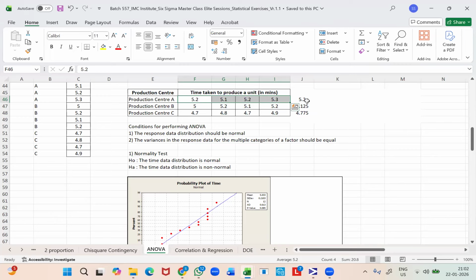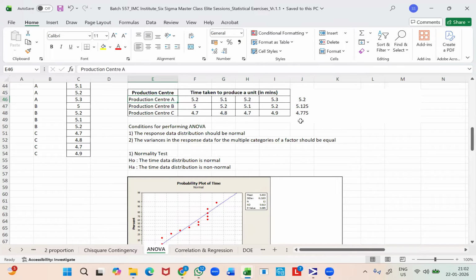So the production center variation is the variation between the mean values of all these three production centers, whereas the error variation will be the variation within the data points pertaining to a particular production center, right? And this is the comparison we made because error variation will be considered as common cause variation.